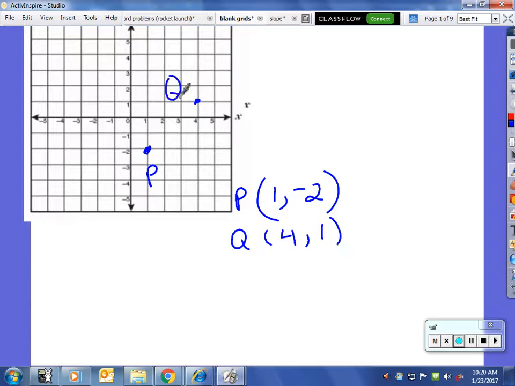Let's numerically find the slope. Then let's describe the line based on that slope value. How am I going to find the slope? Y2 minus y1 over x2 minus x1. You do that right now, please. And again, you pick the order, but you got to stay consistent.